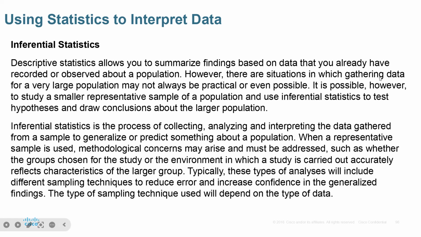However, in situations in which gathering data for a very large population might not be practical or even possible, it's possible to study a smaller representative sample of a population and use inferential statistics to test hypotheses and draw conclusions about the larger population. So to do this, you now need sample sizes.